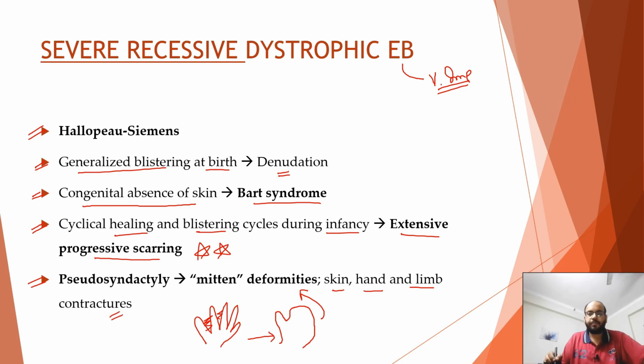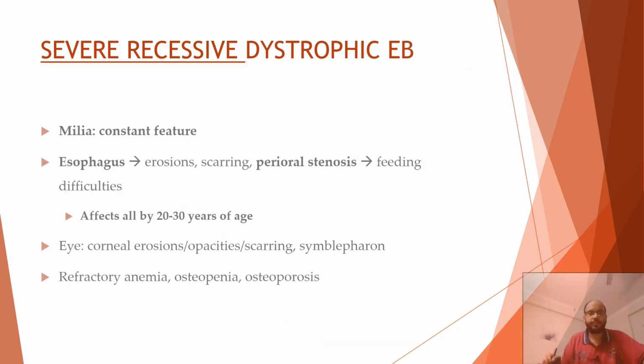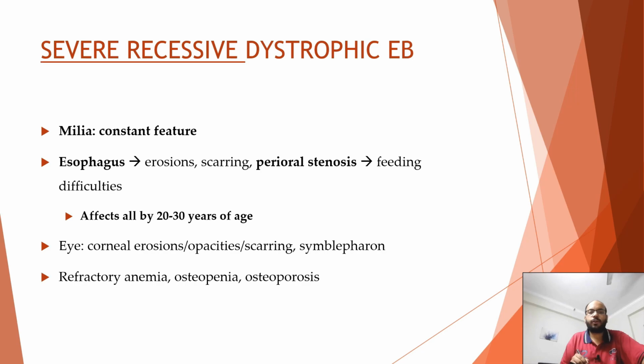Okay, let's move forward. Milia is a constant feature of severe recessive dystrophic EB. There is significant involvement of the esophagus with erosions and scarring. Perioral stenosis can be there, leading to feeding difficulty.